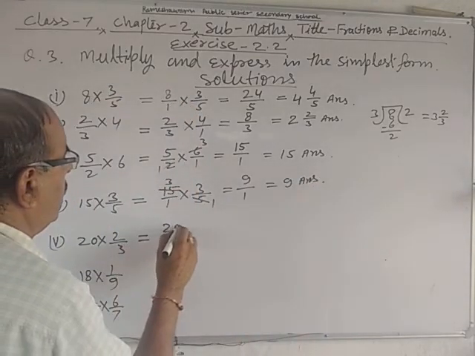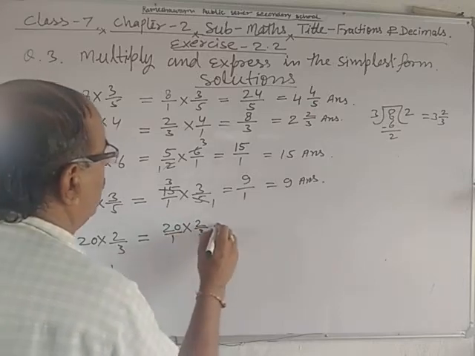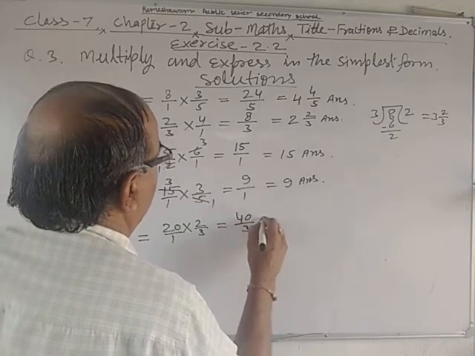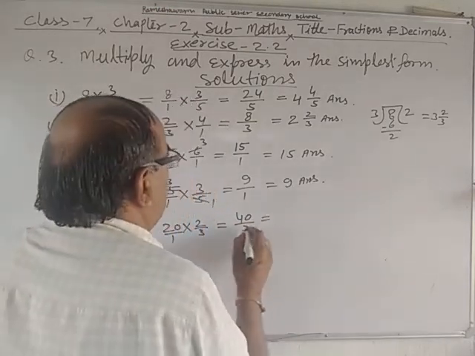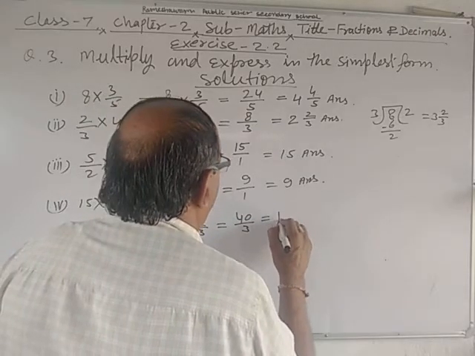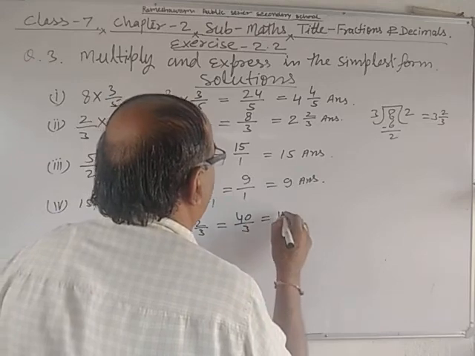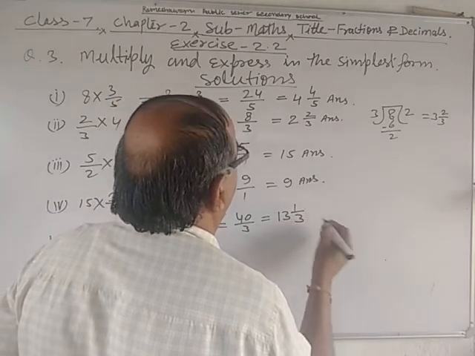Then 20 into 2 upon 3 upon 1, 2 twos are 40 upon 3. Then 3 ones are 3, and 1 ten, 3 threes are 9, 1 remaining, and 3.